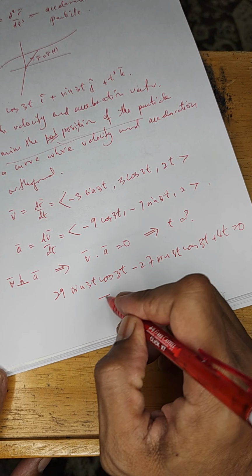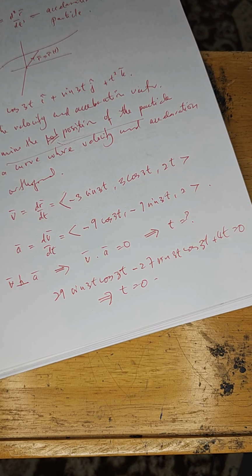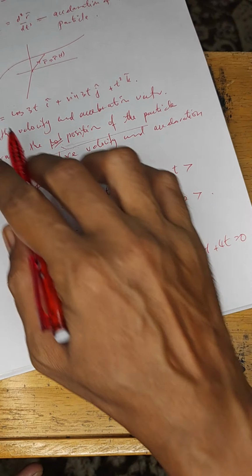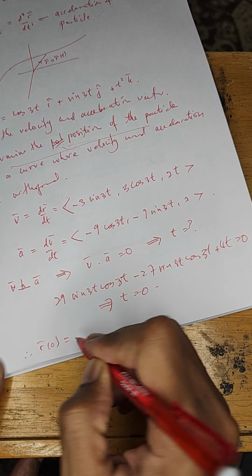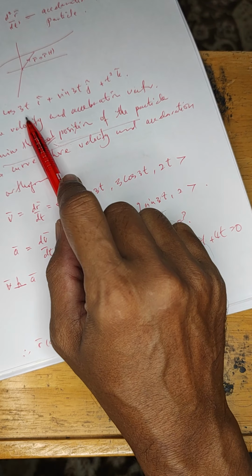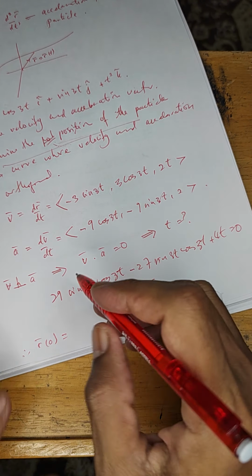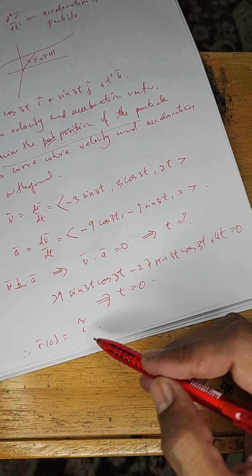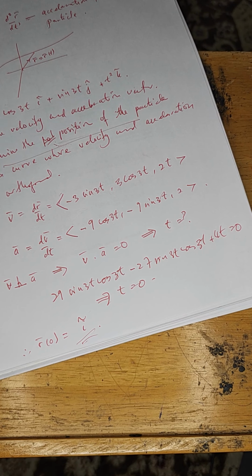So from there we have t is 0. Once we obtain t = 0, we just substitute into r, so therefore r(0): cos 0 is 1, sin 0 is 0, t squared at 0 is 0, so we have just i. So this is the position vector when t is 0.